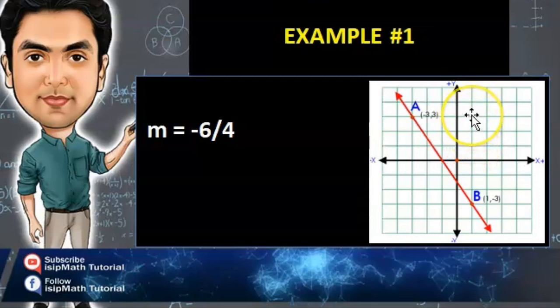So positive 6. Kasi pataas po tayo. Then ang ating run is galing dito papunta dito, nagiging 1, 2, 3, 4. Since papunta tayo sa left, so therefore our value is negative 4. So our slope is positive 6 over negative 4, or simply negative 6 over 4. So pareho lang po sila.